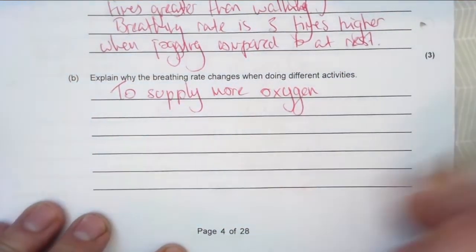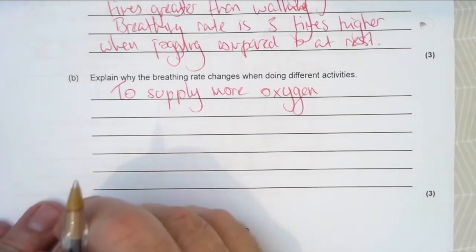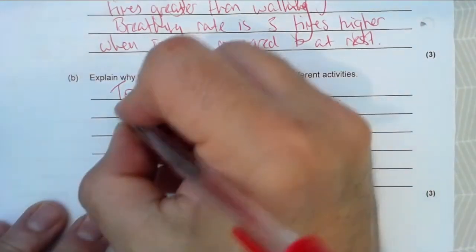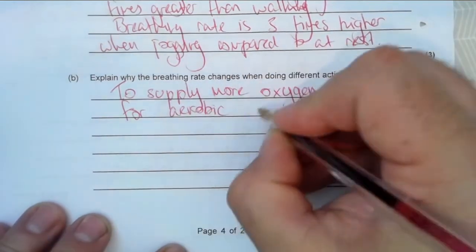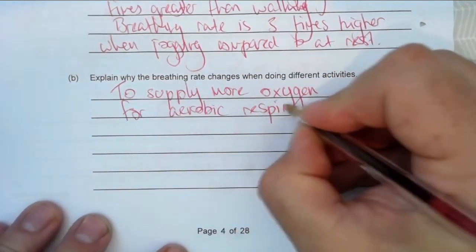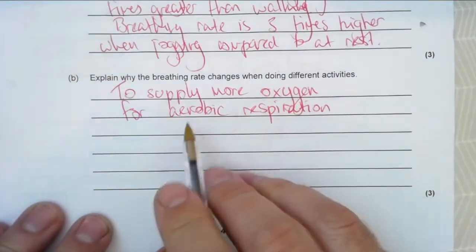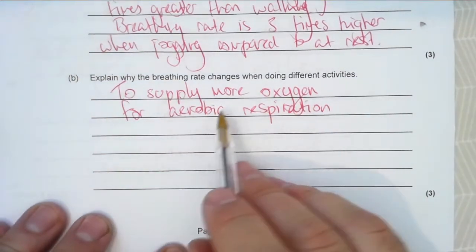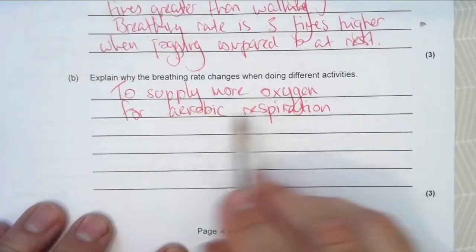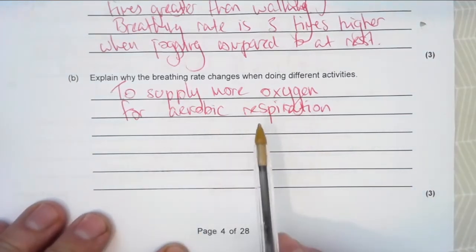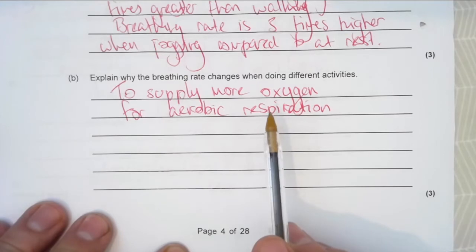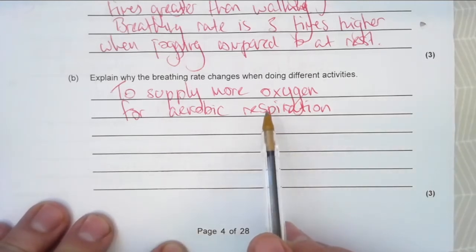So we need to get more oxygen into our bloodstream, and we use that oxygen for aerobic respiration. So remember that aerobic means with oxygen, so we'll need oxygen to do this form of respiration. Aerobic respiration gives us a lot more energy and a lot fewer waste products than anaerobic respiration, which takes place when we don't have any oxygen.